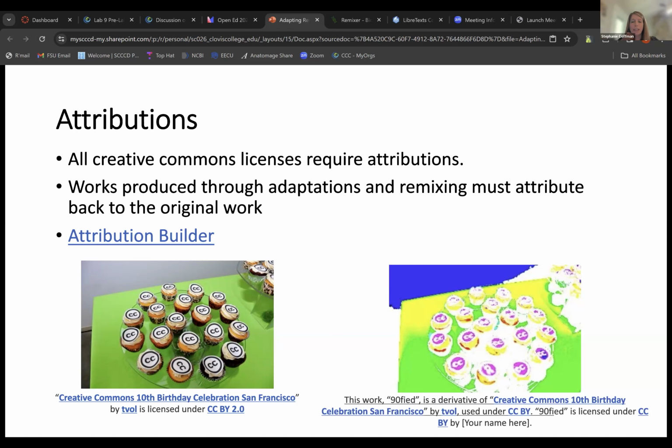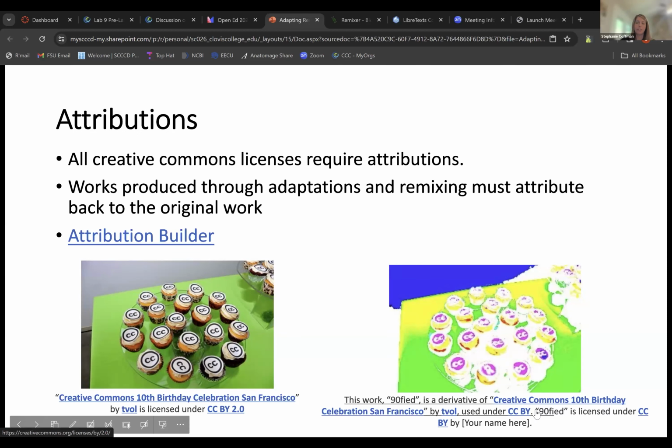So your attribution might look something like this. This work, and they've named this new work 95, is a derivative of, and then you can attribute the original one: Creative Commons 10th birthday celebration by the author. And then here's their license. And then you would include your license and your name.